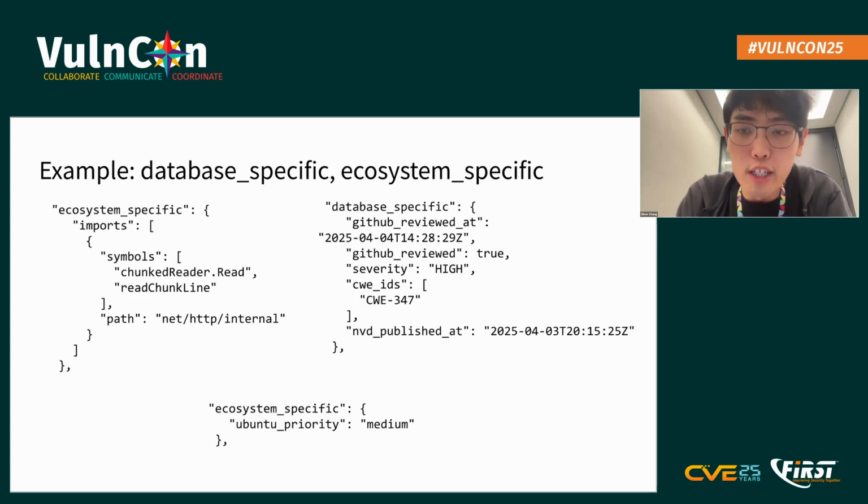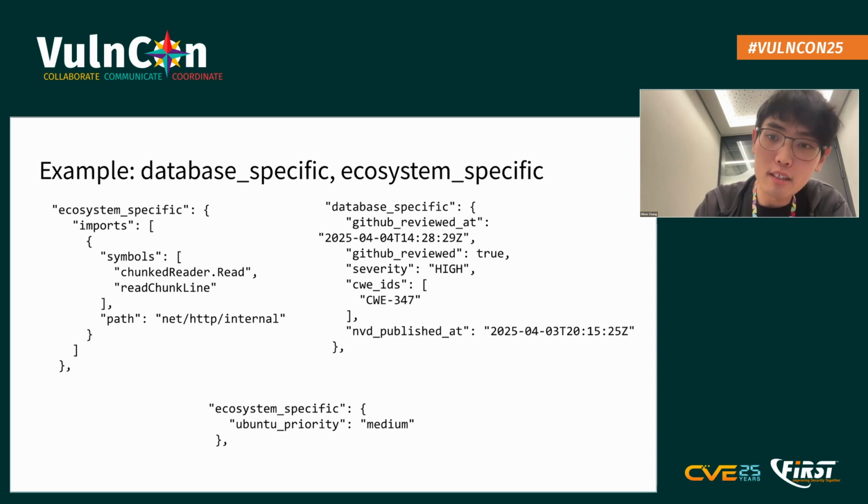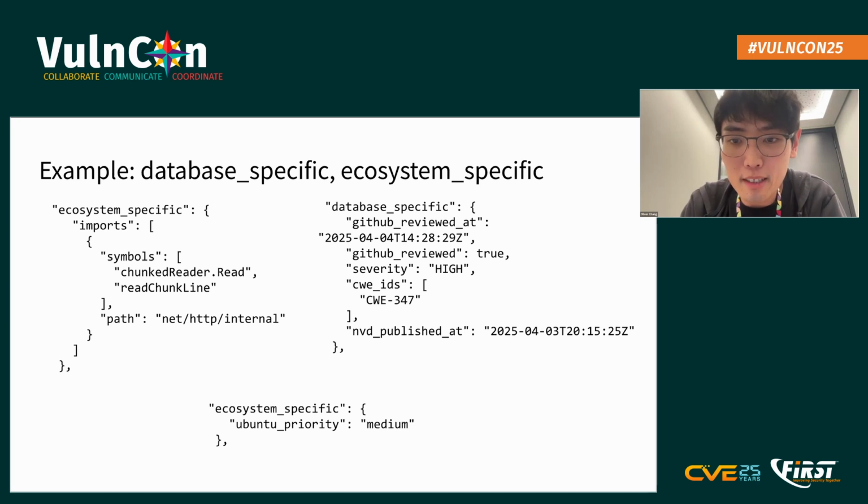And given the federated database model, there's often very specific metadata that home databases want to express, which doesn't make sense as top-level fields because they're very specific to that database or ecosystem. We have extension points in the schema via the database-specific or ecosystem-specific fields where home databases can provide this additional metadata in the form of arbitrary JSON.